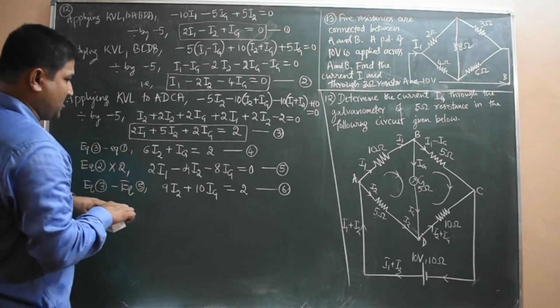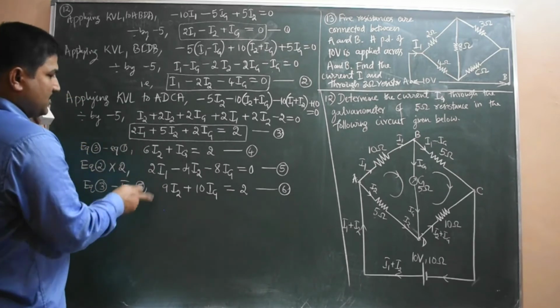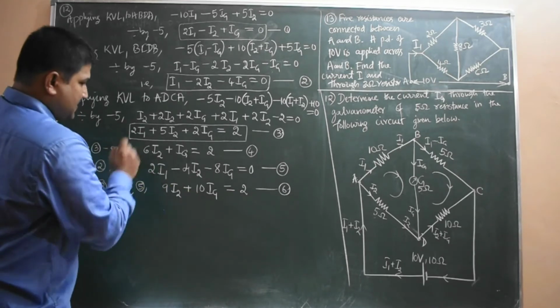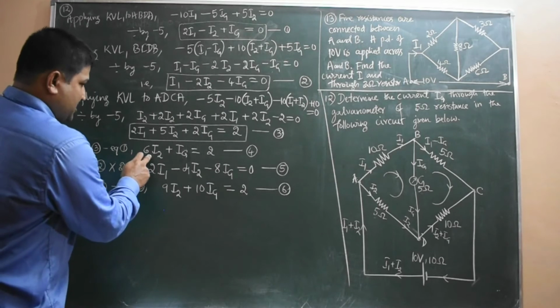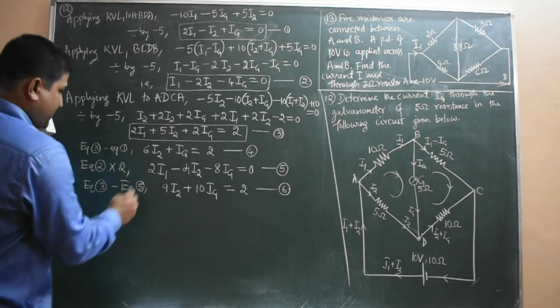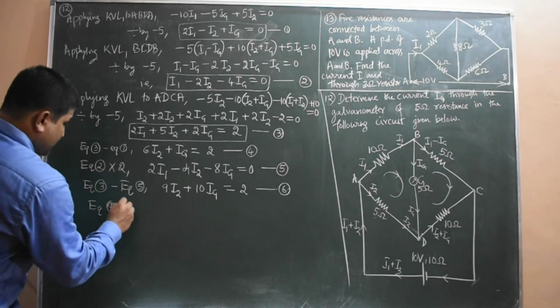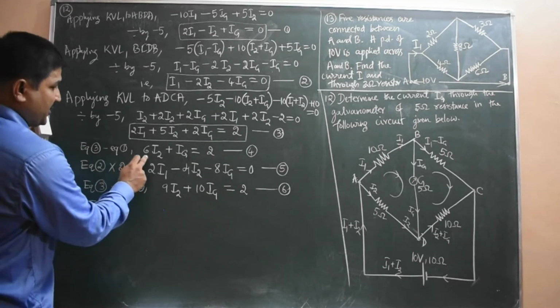Direct subtraction will not give you the answer, because we have to eliminate I2 to get Ig. So now I multiply equation 4 by 3, or 1.5. I multiply equation 4 by 1.5, I get 9.